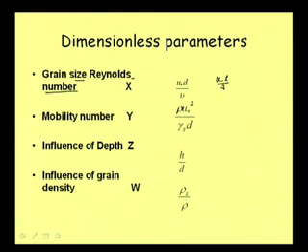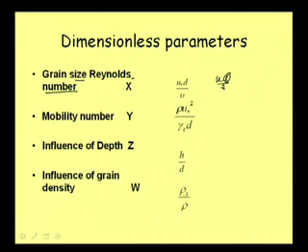This L is basically the characteristic length. In Shields theory it is d that is coming, because we are talking about a shear force acting at the depth of d on the top of the particle size, but in general ultimately this length dimension is the diameter.